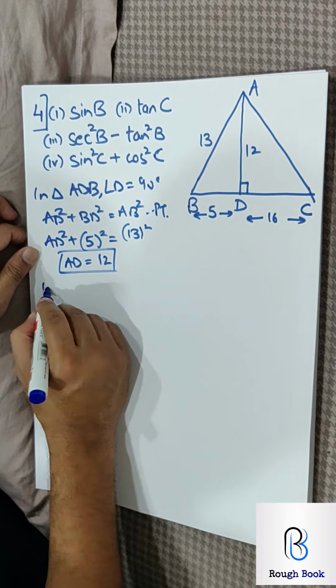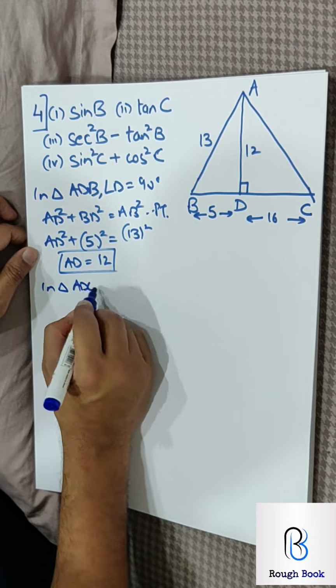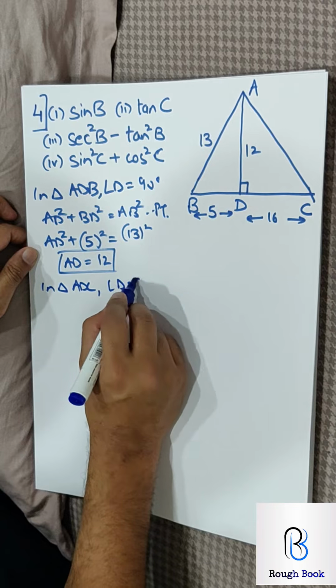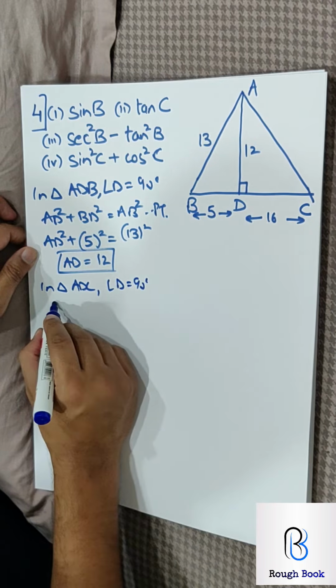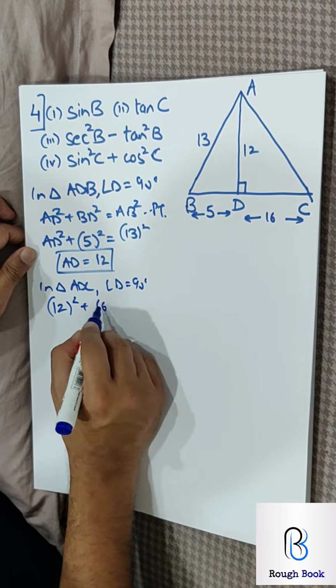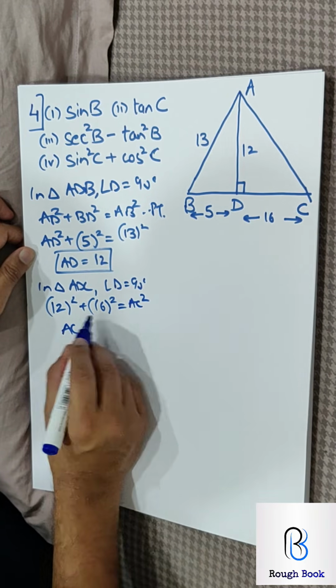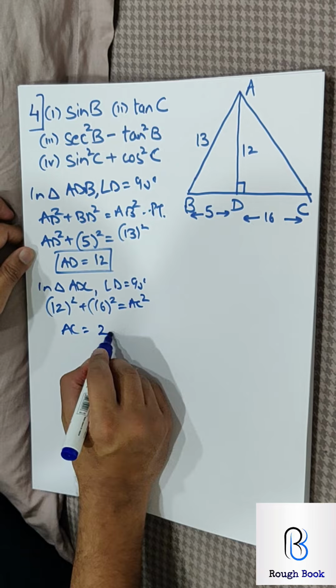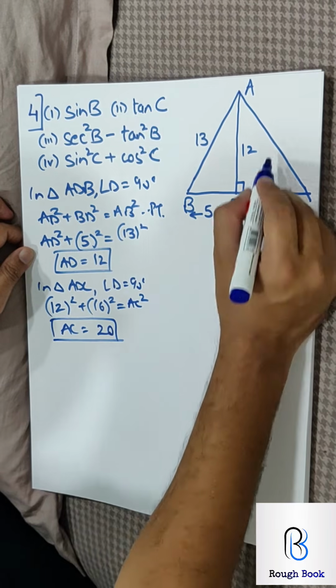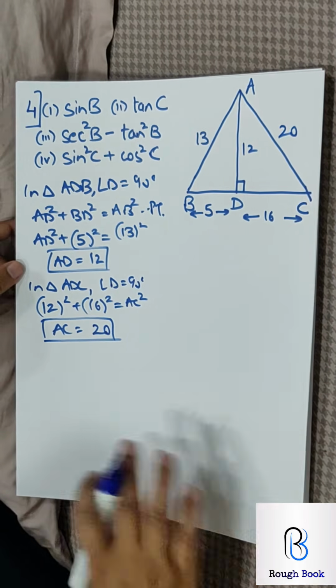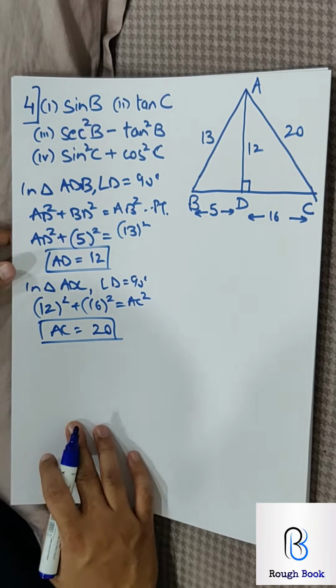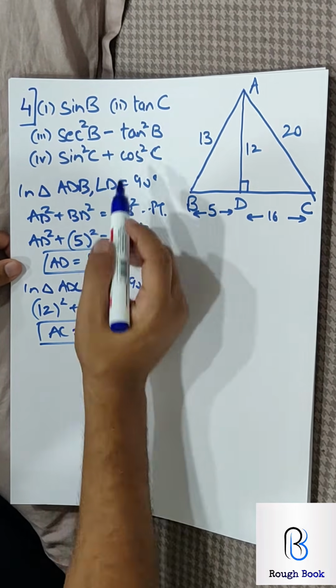Applying Pythagoras in the second part. So in triangle ADC, angle D again 90. So I will get 12 square plus 16 square equals AC square. So AC will be 144 plus 256, 400, root of which is 20. Because these are triplets, so I know them, so I can go a little fast here. Let's go now with each of the ratios.